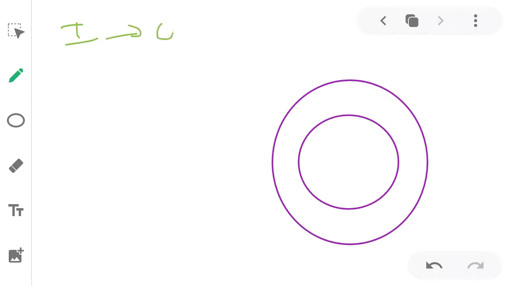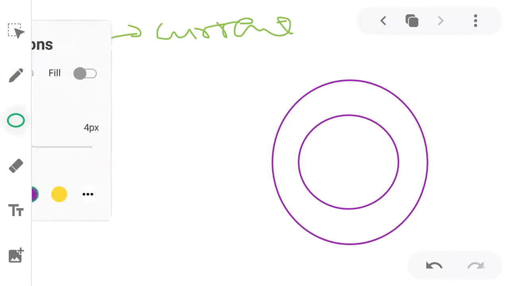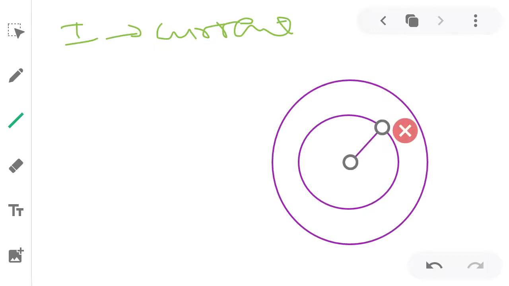The internal radius is R1 and the external radius is R2. I simply write it here: the external ring radius is R2.